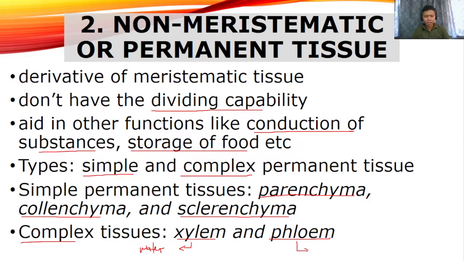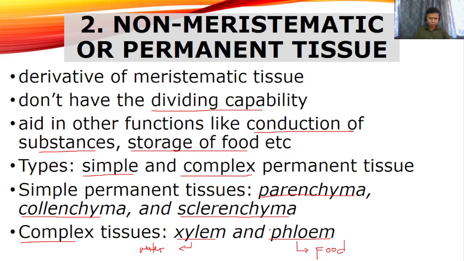Phloem is responsible for conducting food, okay, from the leaf, which is a product of photosynthesis wherein they produce glucose or starch. It also gets circulated all throughout the plant body simply because of the complex tissue phloem.